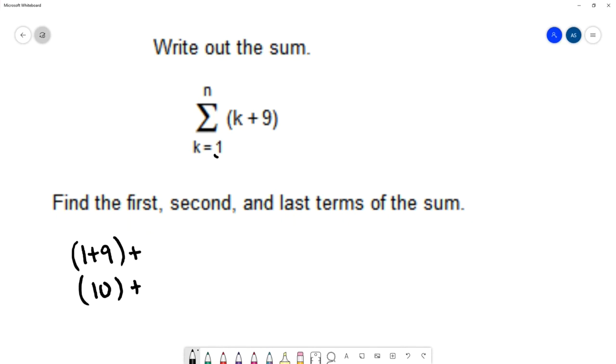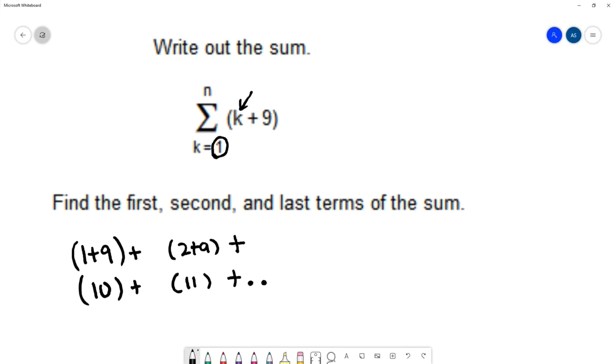Then we increment this number by 1. If we increment that number by 1, it would become 2, and I'll plug 2 in for the k. That would be 2 plus 9, and the second term in our sum would be 11.